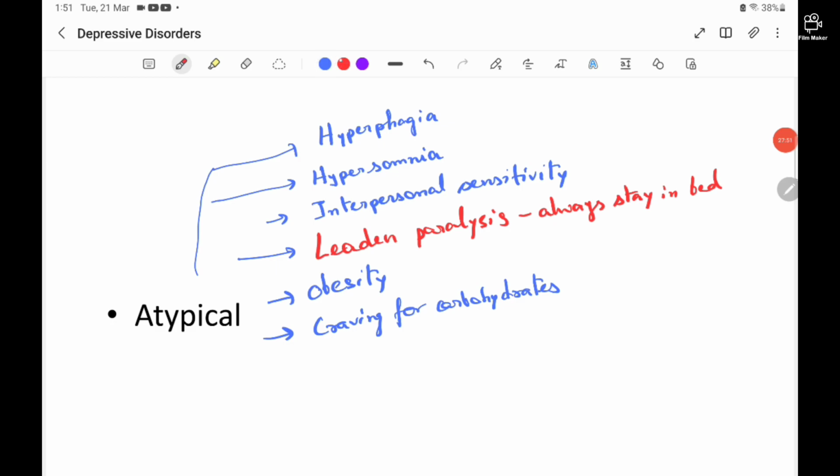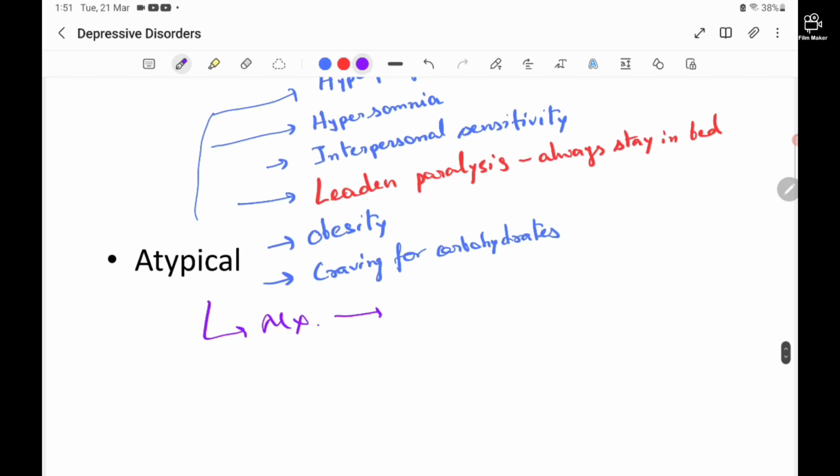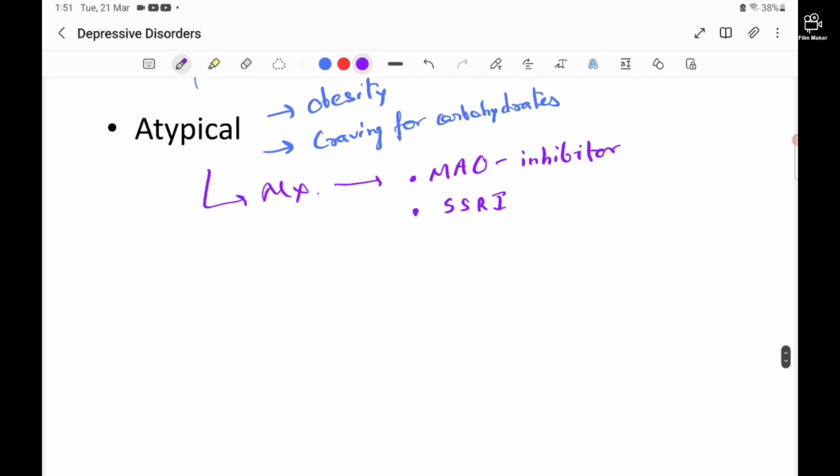And in the management of these cases, management is done by a combination or single use of two types of medications. One is MAO inhibitor or monoamine oxidase inhibitor, and SSRIs, that is selective serotonin reuptake inhibitors. We will describe and talk about it just later on, or right now in the treatment section.